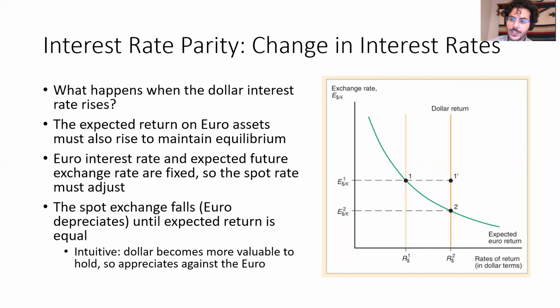So the expected appreciation of the euro has risen, and that's what increases the return on euro assets. So this is fairly intuitive. The dollar interest rate rose. This makes dollars more valuable to hold, and so the dollar appreciates against the euro.